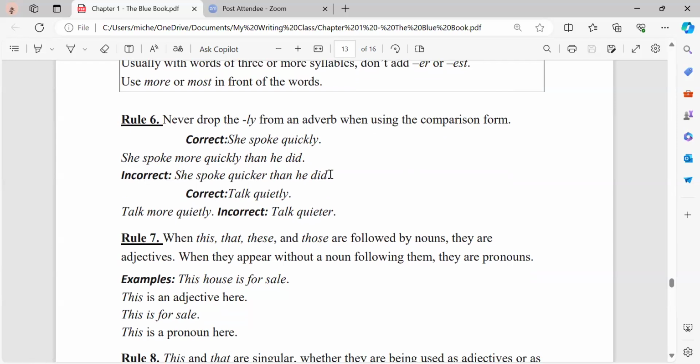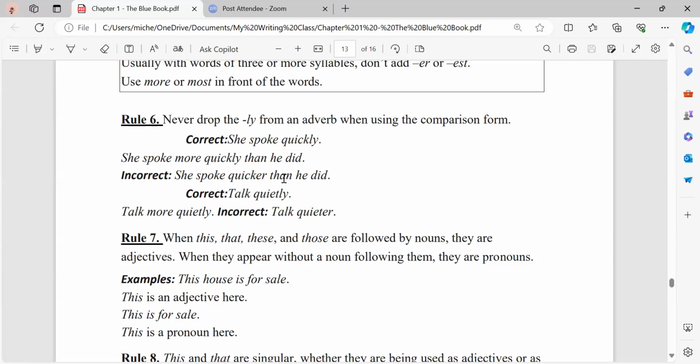Technically, we already know that she spoke more quickly than he did. So she spoke quickly, we already know that she spoke more quickly, but saying she spoke quicker than he did is technically kind of redundant.